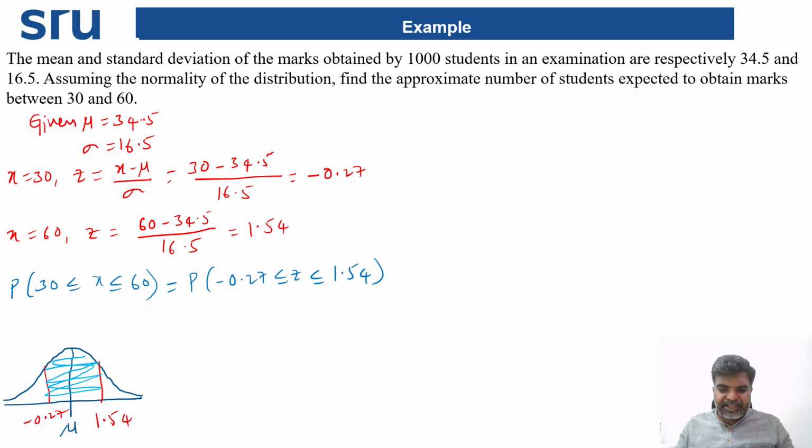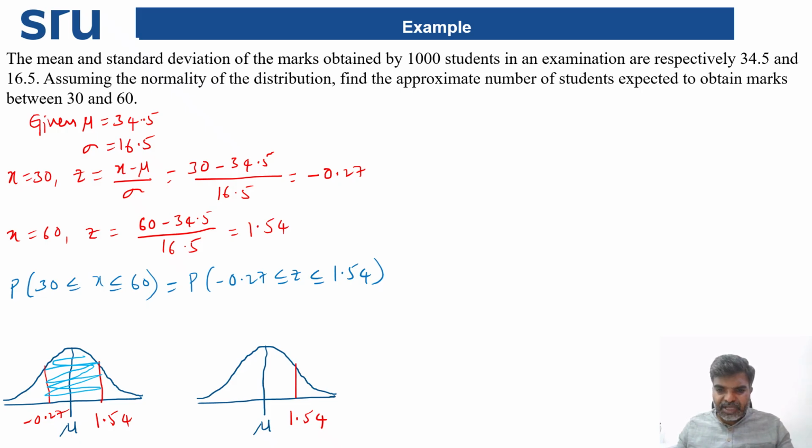To find this area, we can do one thing. I will take a separate graph for each value. First I am taking 1.54. Already we know from the z table we can obtain the left side area of the z.